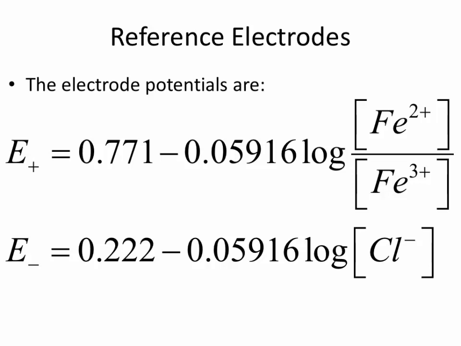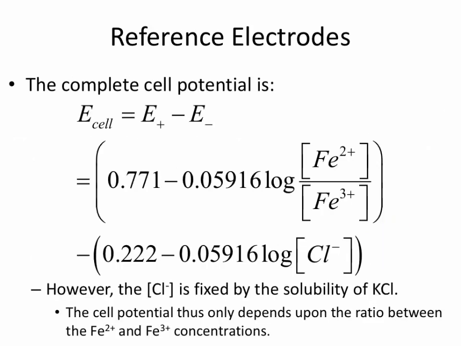And then for our E minus, we have 0.222 volts minus 0.05916 volts times log of the chloride ion concentration. And the complete cell potential is then E plus minus E minus. And again, I'm denoting this with E sub cell, whereas Harris denotes this with just a capital E. And that value then is the E plus expression minus the E minus expression.